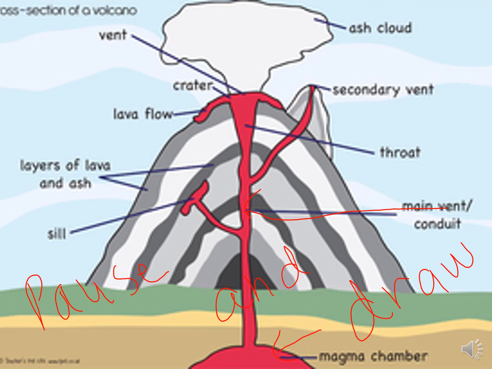This right here are those little packs. This is on the outside, but these will be your layers of lava and ash, the lava flowing, the crater that happens, the secondary vent, and again, the main vent is the big hole at the top. You need to pause and draw this and label this, okay?